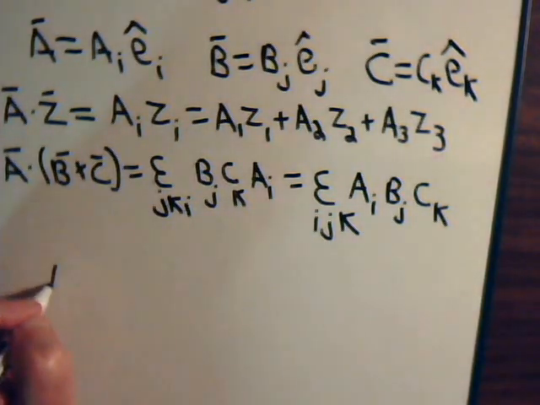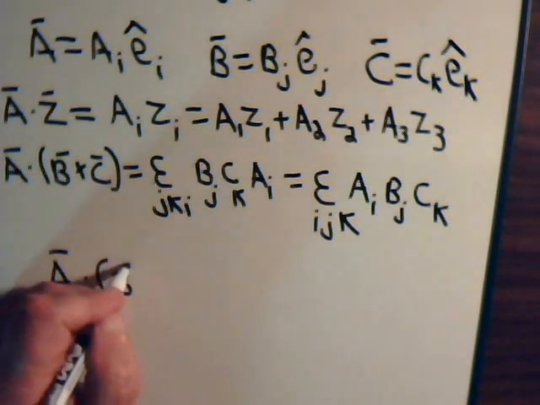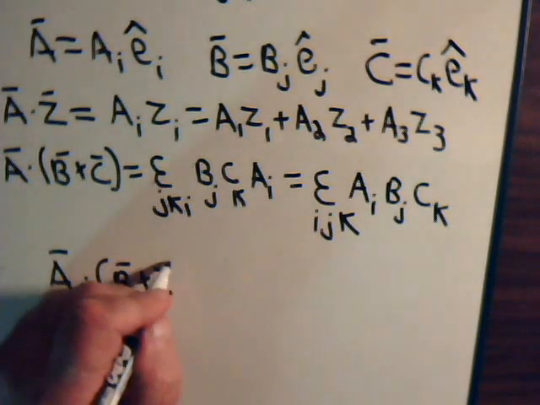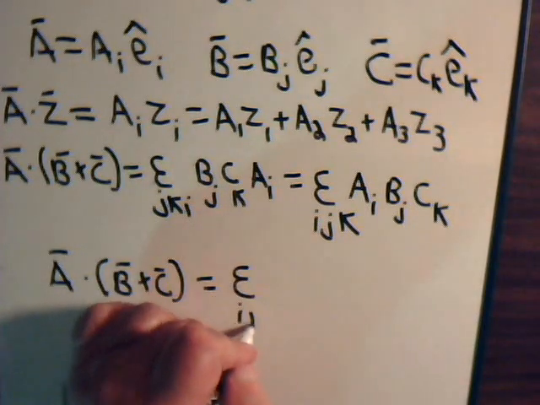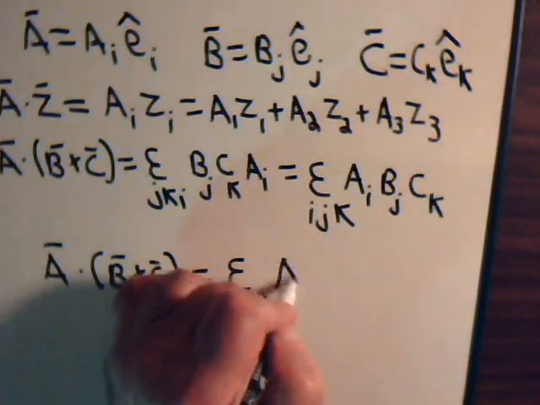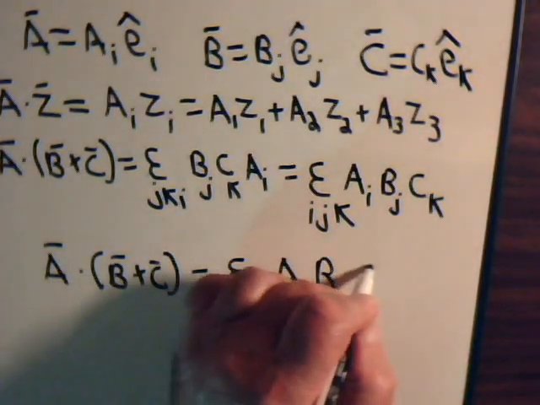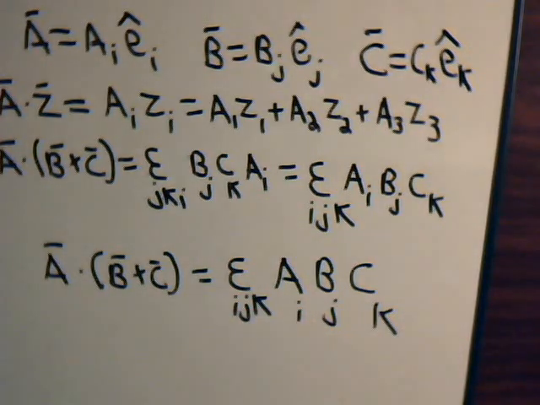So finally then we have that A dot B cross C equals epsilon ijk A I B J C K. And there we have expressed the scalar triple product using our permutation symbol.